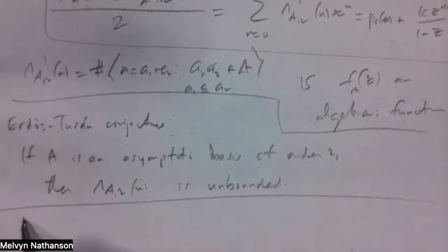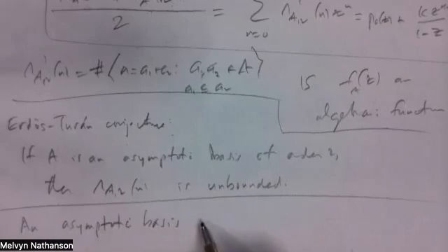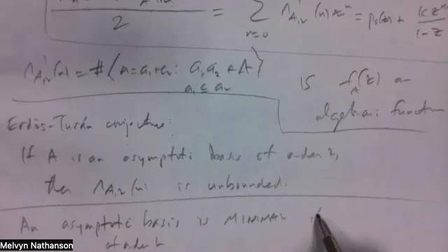So let's just say that an asymptotic basis of order H, we're not changing the order, is minimal.